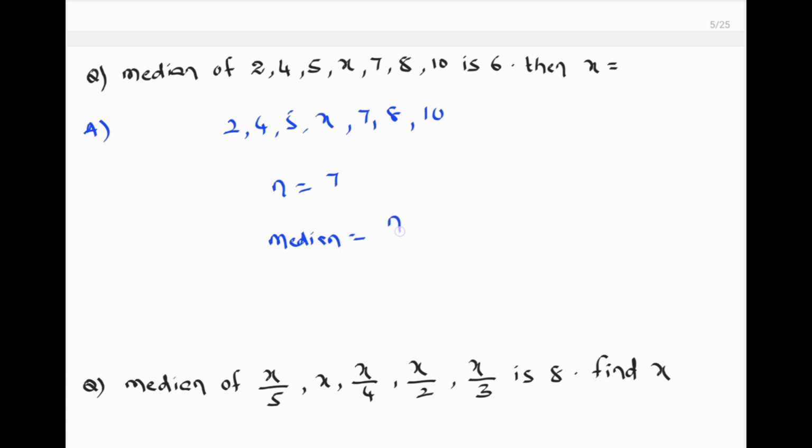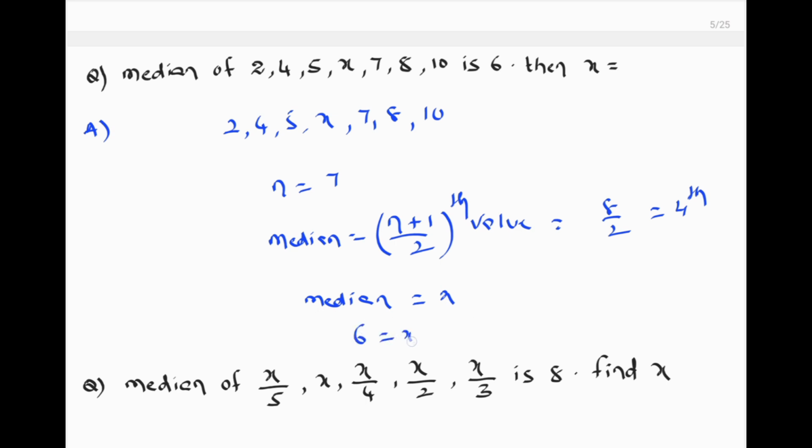The (n plus 1) by 2 th value. So 7 plus 1 is 8, by 2, that is the fourth value. What is the fourth value there? x. So the median is x, but it is given as 6, so the x value will be 6. That's it.